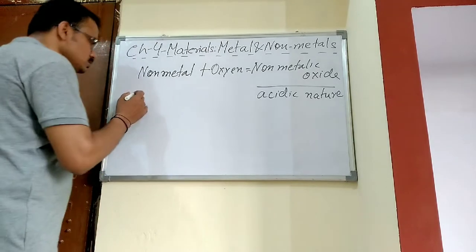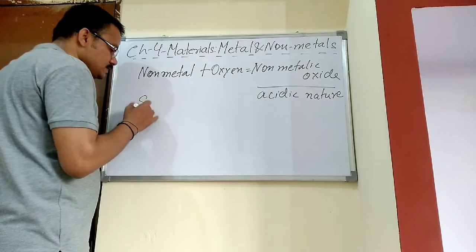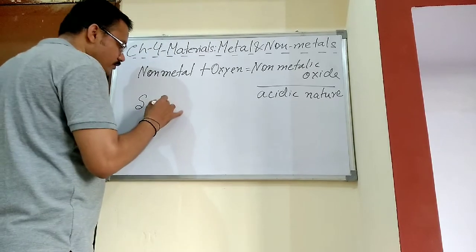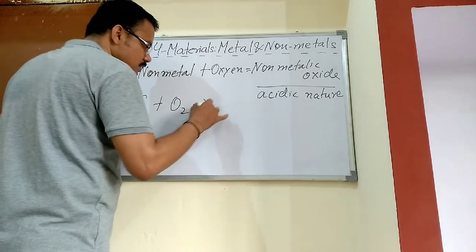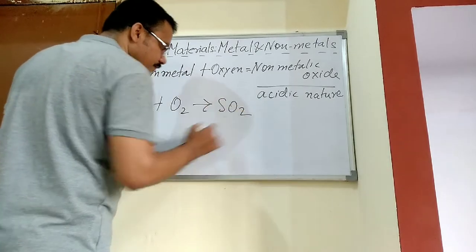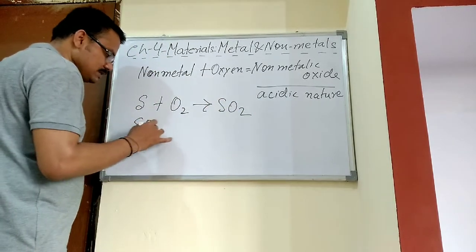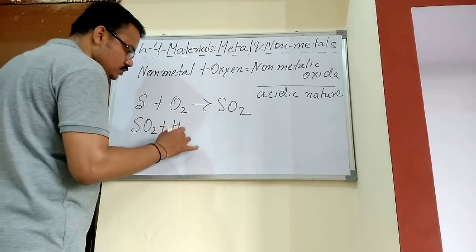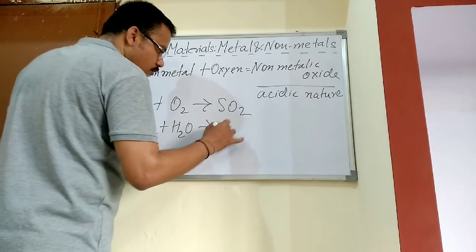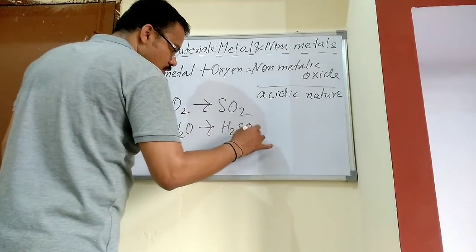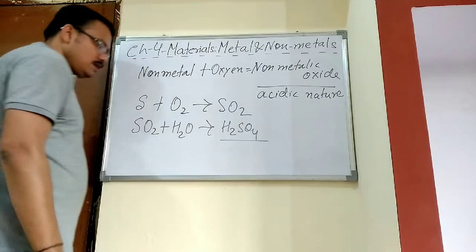Just take an example of sulfur. When sulfur reacts with oxygen, it forms sulfur dioxide. And when this sulfur dioxide is treated with water, it forms sulfurous acid.